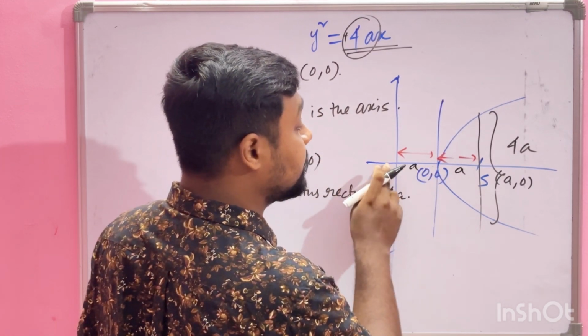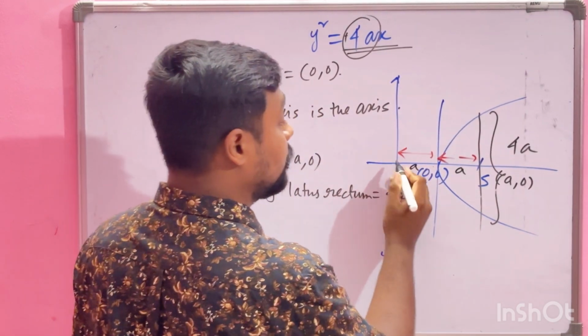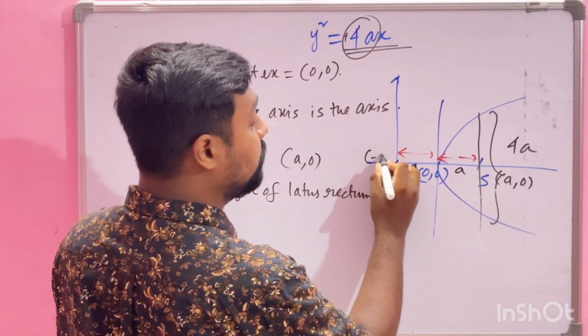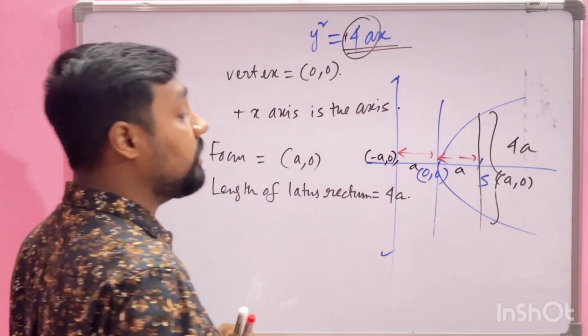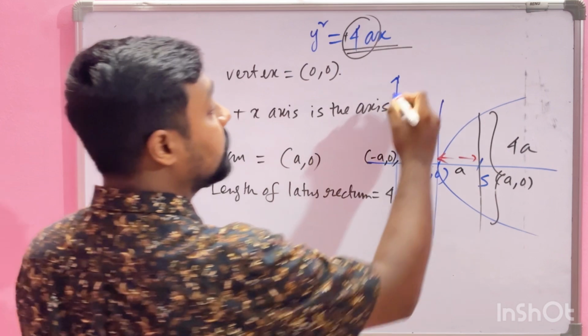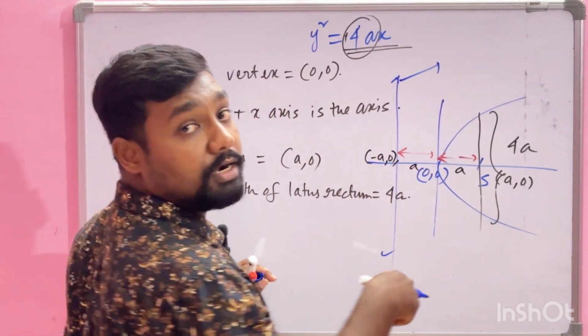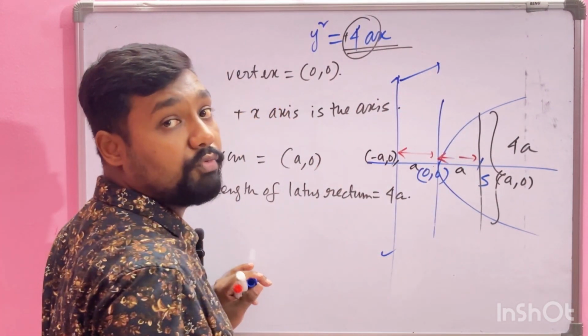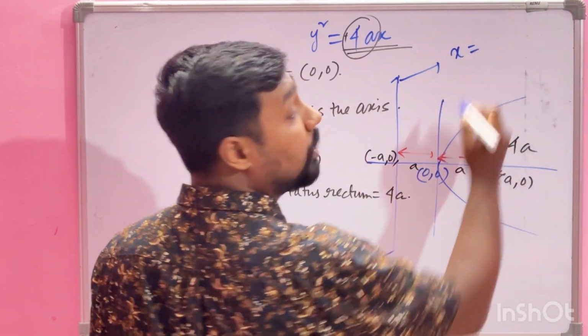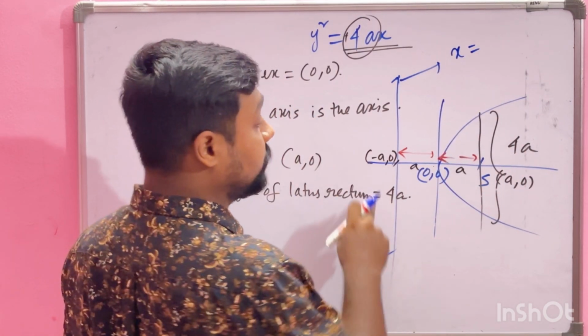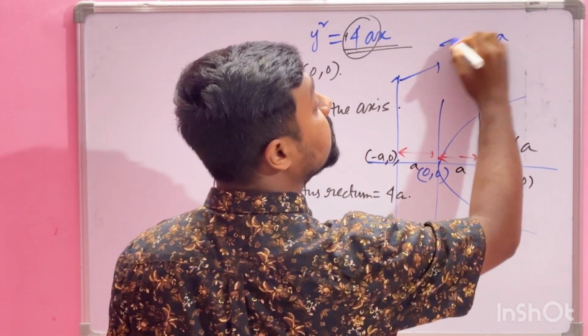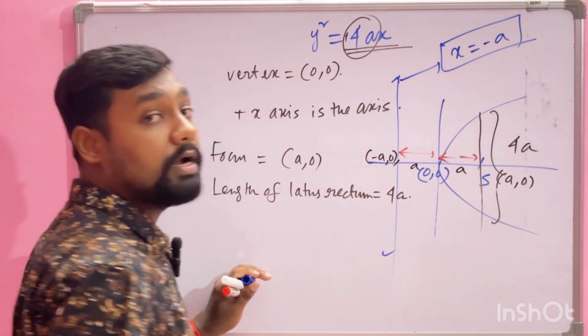So as this is in the negative direction of x axis, that means this point will be (minus a, 0). And see, the directrix is parallel to y axis. That means its equation will be x equal to constant. So the constant is minus a. That means x equal to minus a will be your directrix.